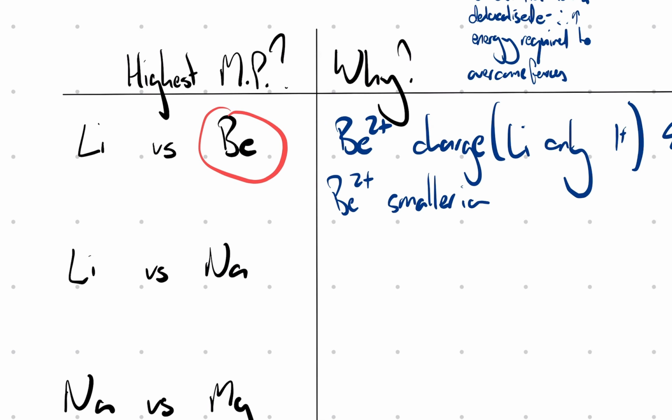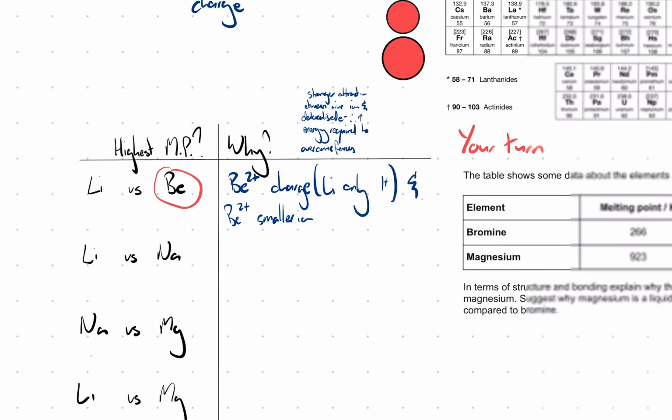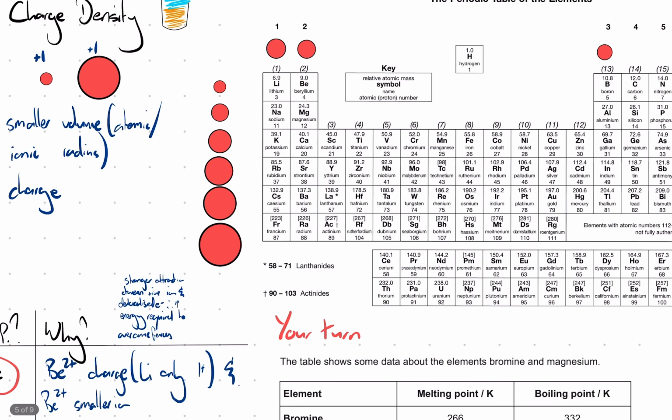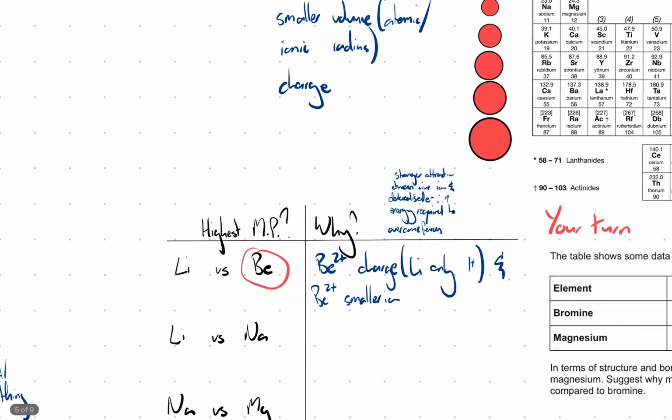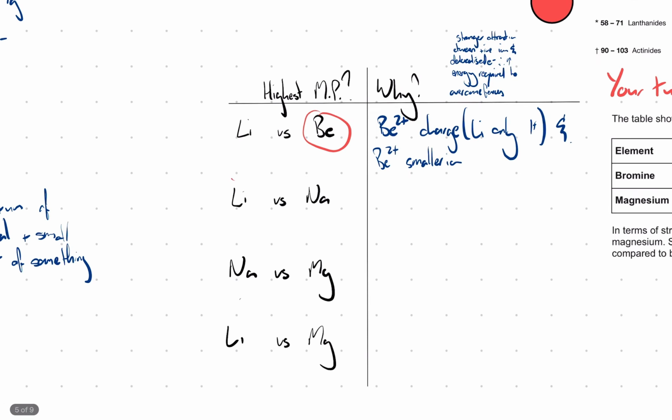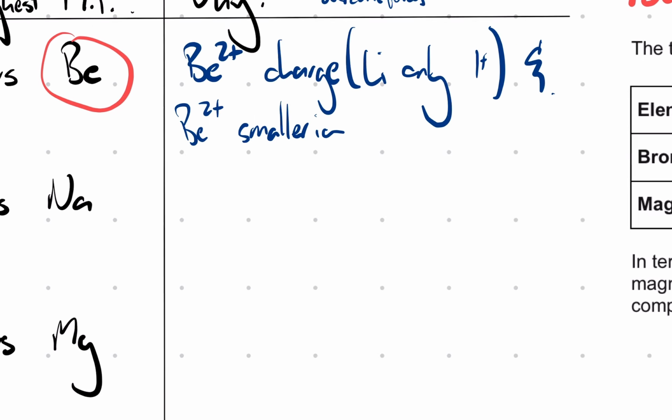So here, lithium and sodium. If we look at lithium and sodium, we can see they're both in group 1, so they're both going to have that 1+ charge, but sodium is lower down, so it's going to have a bigger atomic radius. Therefore lithium is going to have the higher melting point. So we'll circle lithium, and here both have 1+ charge.